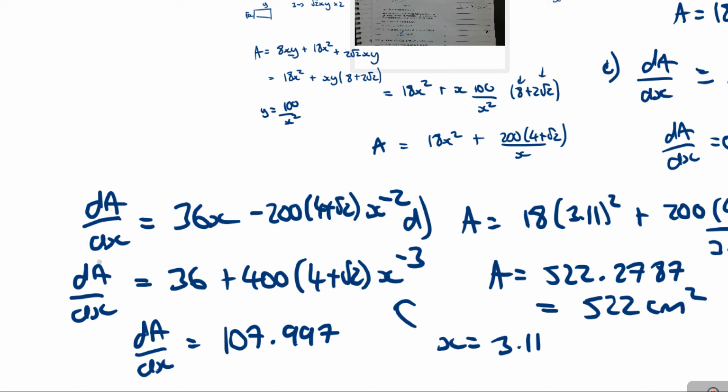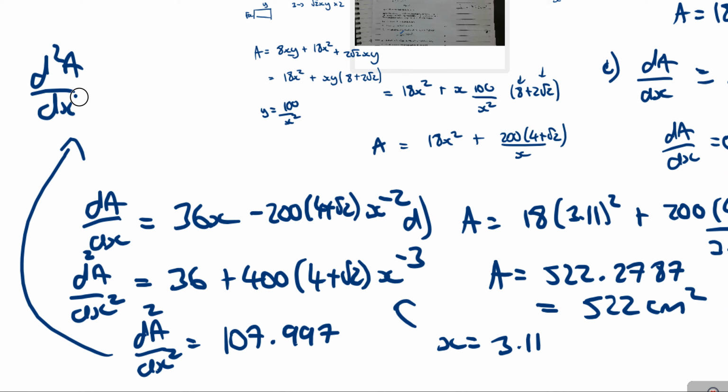So here when we differentiate, it's obviously d²A/dx², the second differential, apologies. But we know here that d²A/dx² is greater than 0. Therefore, it must be a minimum point. And that is the question solved. If you have any questions, please let me know.